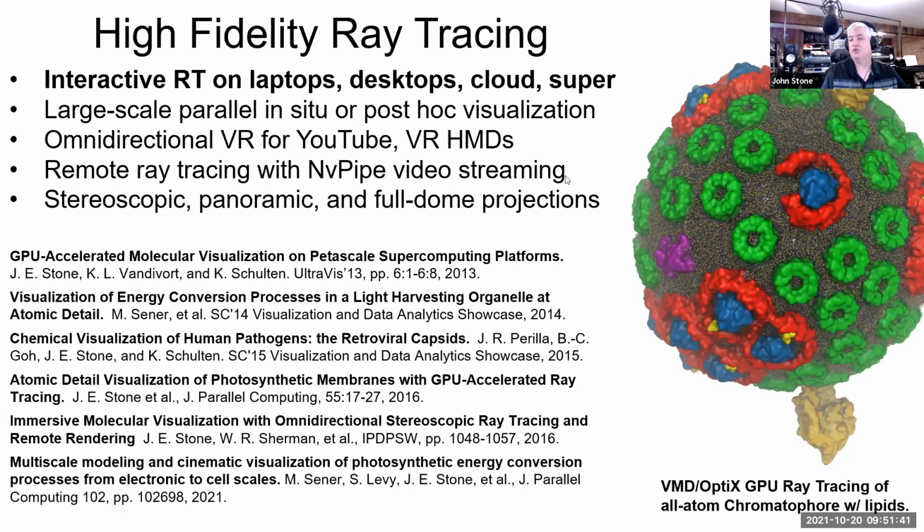So this allows you to run VMD on a powerful compute node somewhere else, like a remote supercomputer, and to stream the video back to a VMD instance or a client instance running on your desktop or laptop computer. So this can let you work on very large structures at a distant location without moving the file. So this is a new feature we're working on that's sort of visualization specific, but that's something that's an ongoing project, and I expect we'll have a lot more to say there as time goes on.